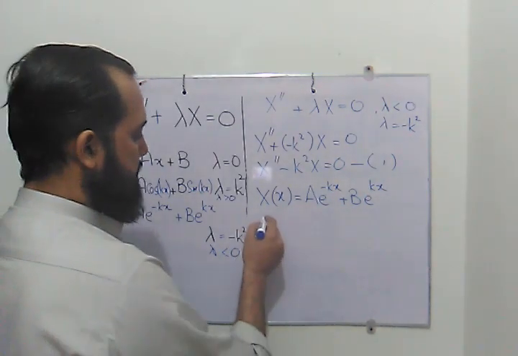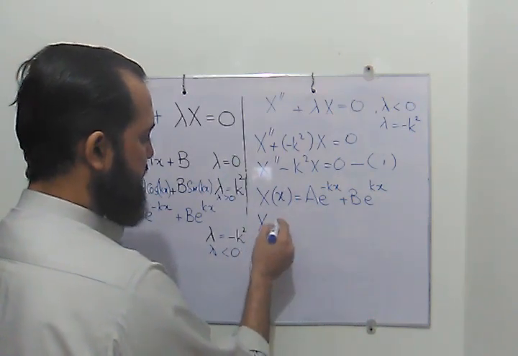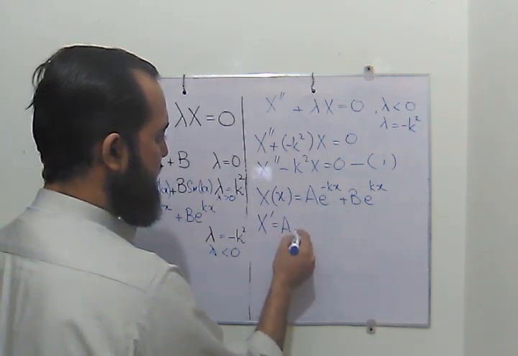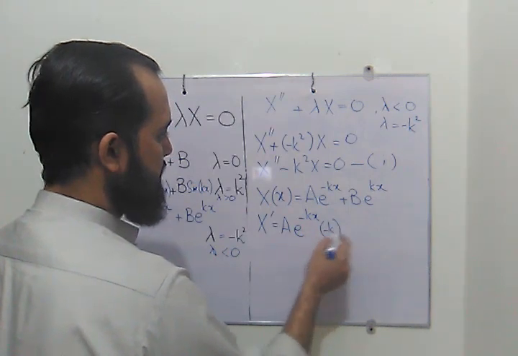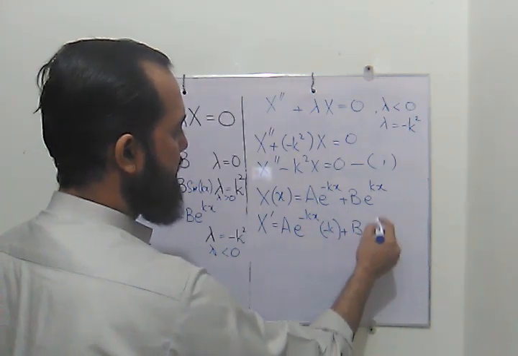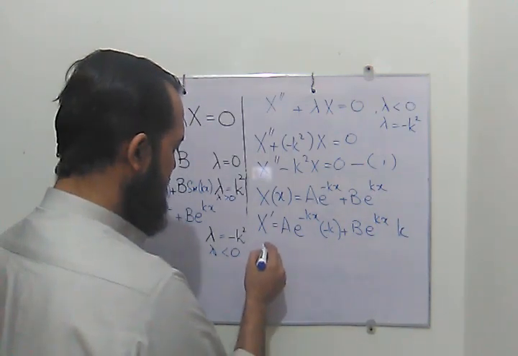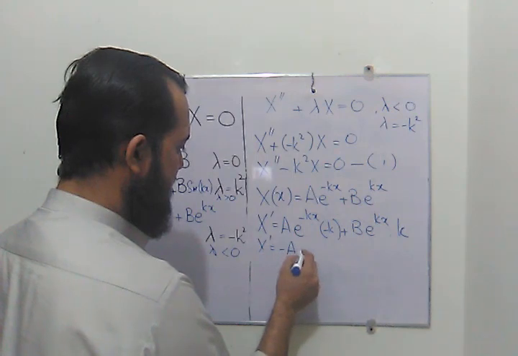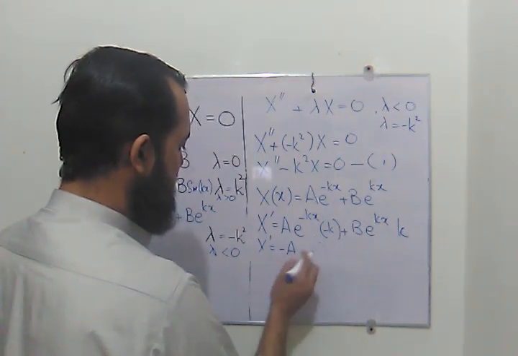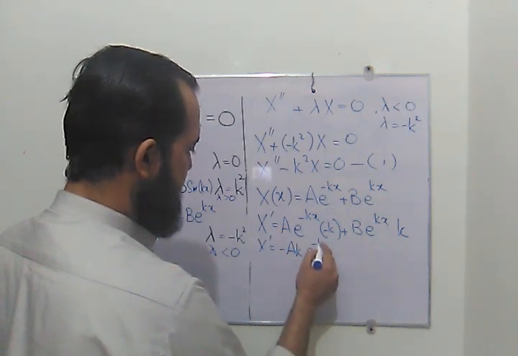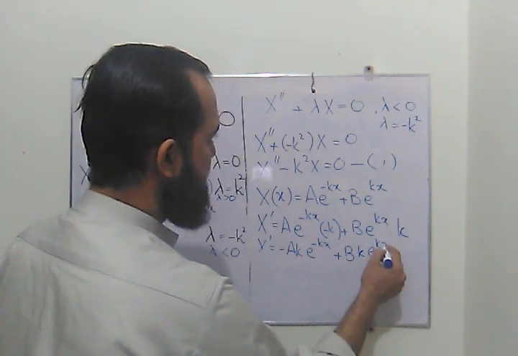Now we differentiate it twice to get the value of x double prime. So the first derivative would be a e to the minus kx into minus k plus b e to the kx into k, which takes the form minus a k e to the minus kx plus b k e to the kx.